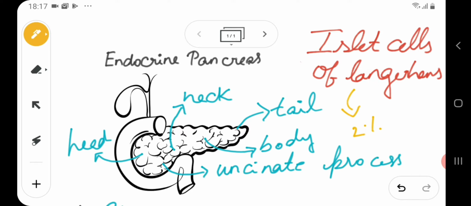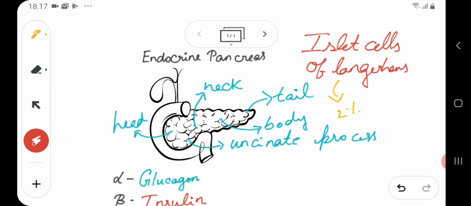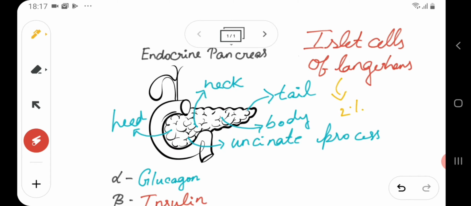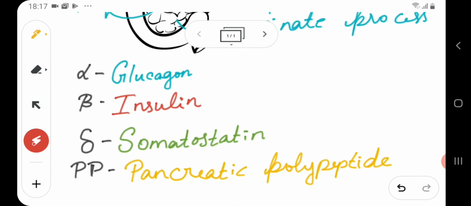So this is the introduction to endocrine pancreas, and these islet cells of Langerhans contain 5 different types of cells, namely alpha, beta, gamma, delta and PP cells. So now we will see what these individual cells secrete.